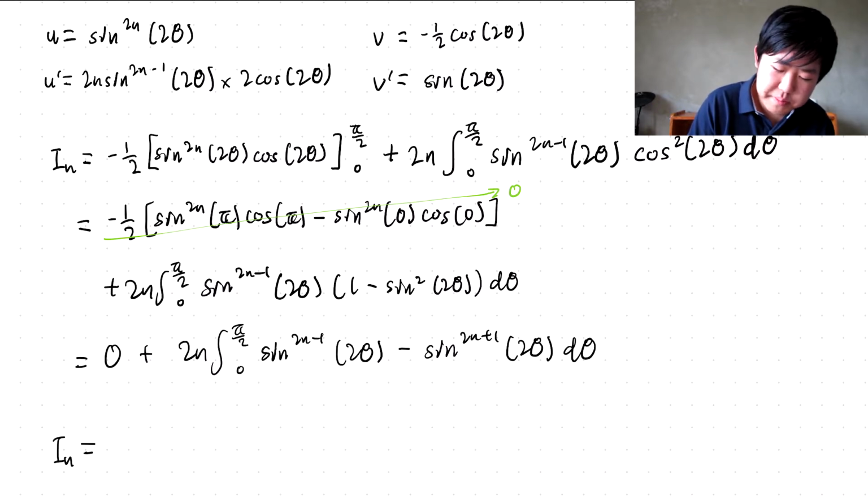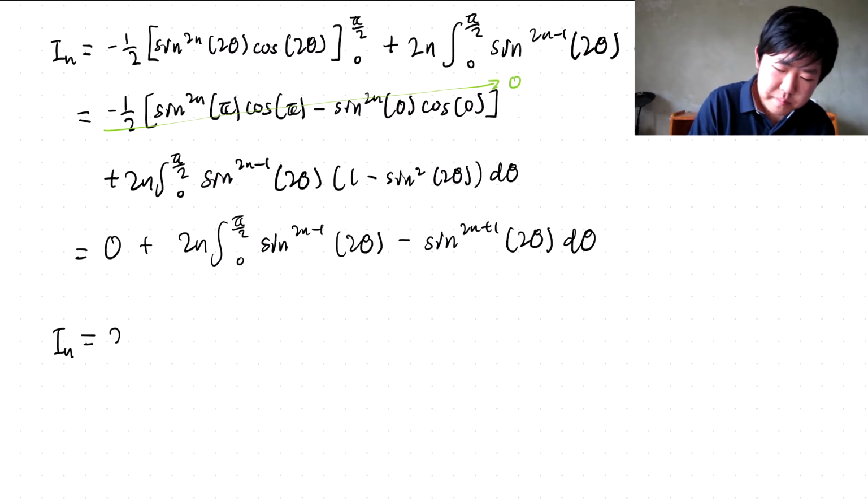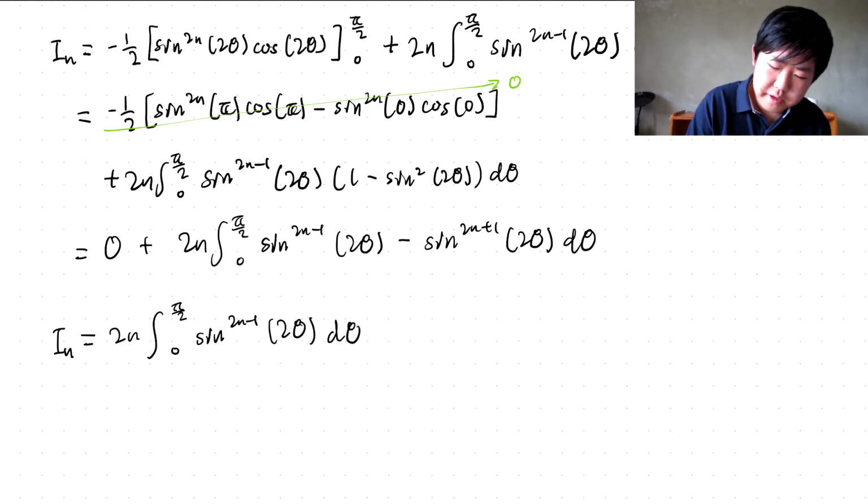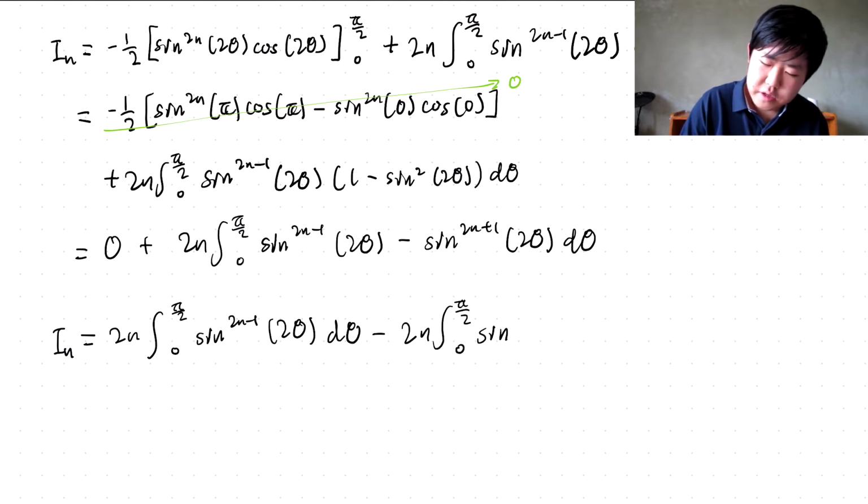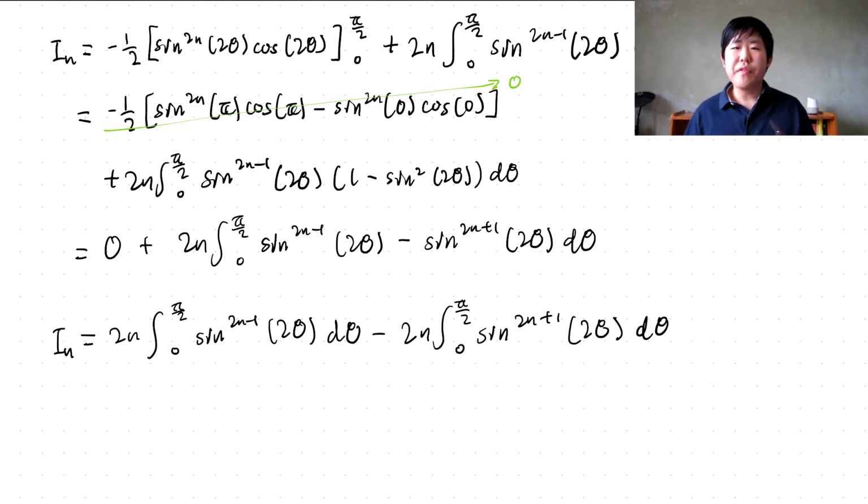And then here I'm going to split the integral, π/2, 0, sin^(2n-1)(2θ) dθ minus 2n π/2, 0, sin^(2n+1)(2θ) dθ. So now there's one thing that you need to notice, right?